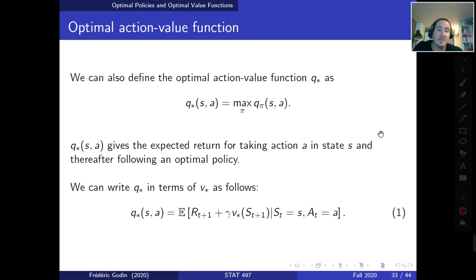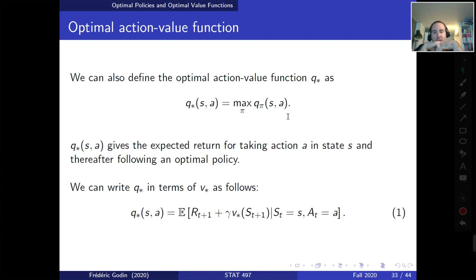Similarly, we define v star as the highest possible state value, or value of a state, across all policies. Well, we can define q star analogously. So q star of s, a is the maximum across policies of the action value function associated with the policy pi of state s and action a.